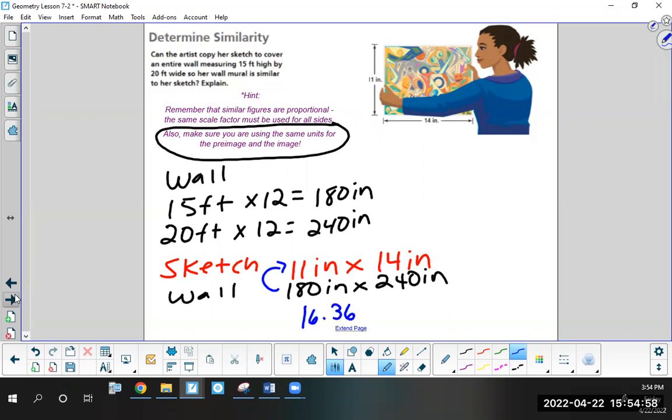What happens if I divide 240 by 14? Let's try that. I didn't try that one on mine. Here's my calculator. 240 divided by 14, I get roughly 17.14.